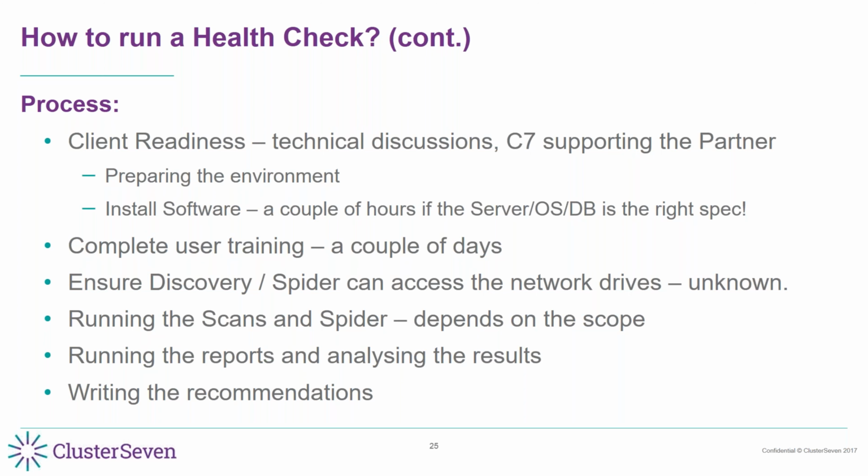So if a particular Excel file has 10,000 cells and you're checking 5 rules, that's 50,000 checks being done. So if you've got a lot of files, that can take some time. The spider in itself, again, is not a long process. It may take half a day, as the case may be, depending on how pervasive that network is. Noting again, it's also still doing a risk check against those Excel sheets, unless that risk check has already been done as part of the scan.